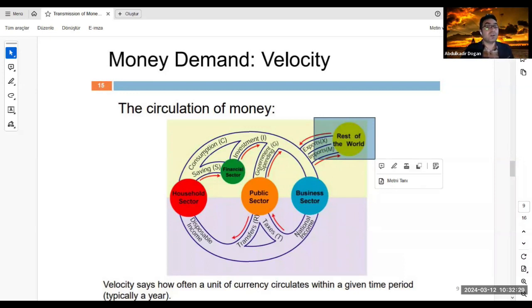If I collect all these things, consumption, investment, government expenditure, exports, minus imports, I will have at hand the gross domestic product. Basically, gross domestic product is the sum of consumption, investment, government expenditure, exports, minus imports. This is your gross domestic product in your country.